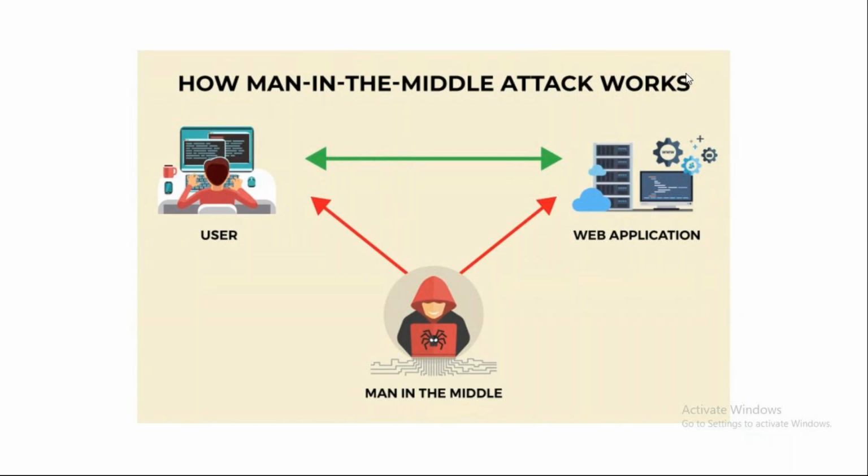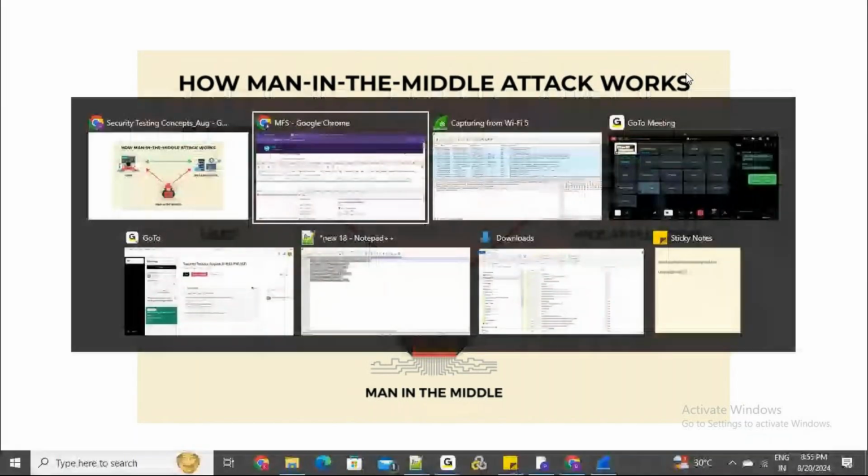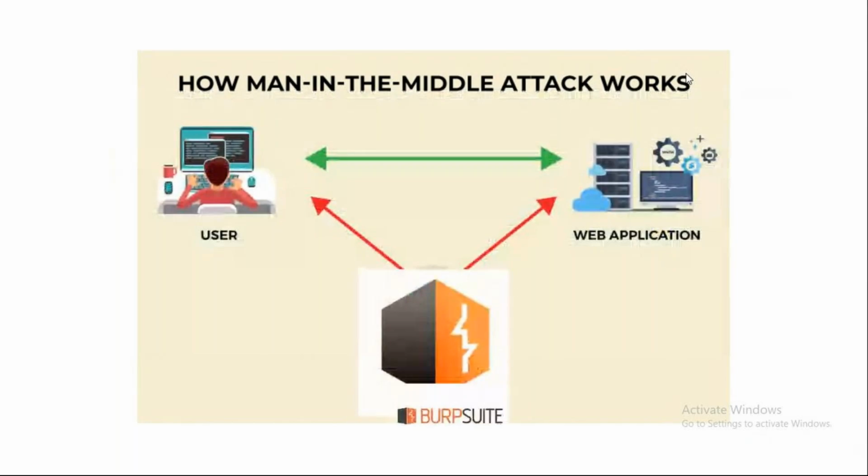How are HTTP and HTTPS going to behave when a person intercepts your traffic? For that, Burp Suite, or Wireshark, or ZAP, or AppScan, all these are proxy tools that mimic a man in the middle.